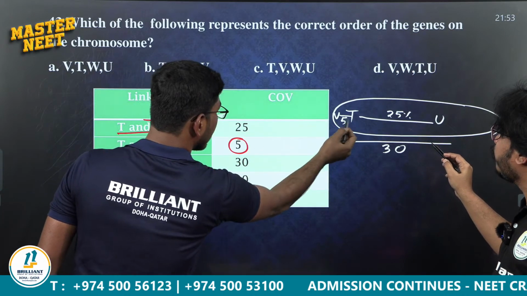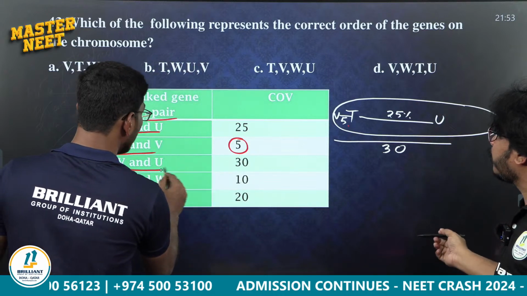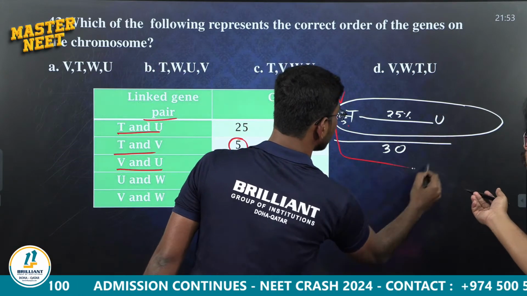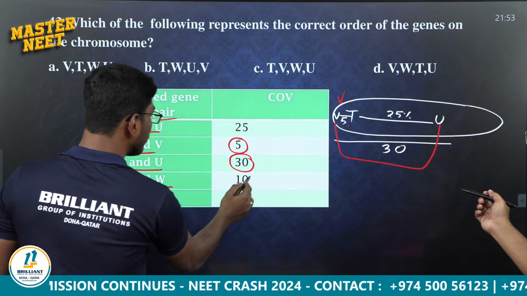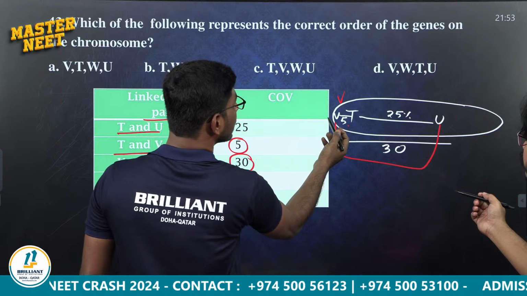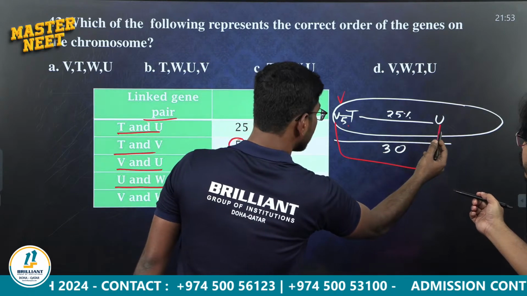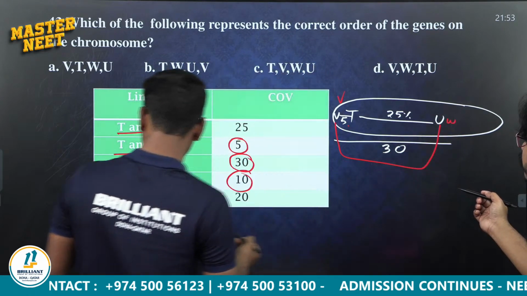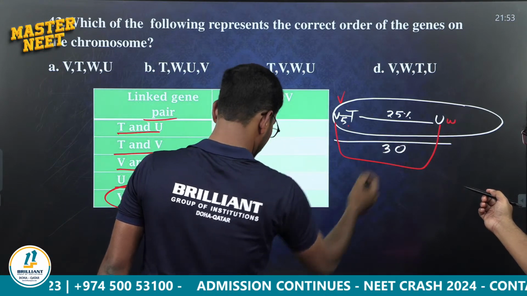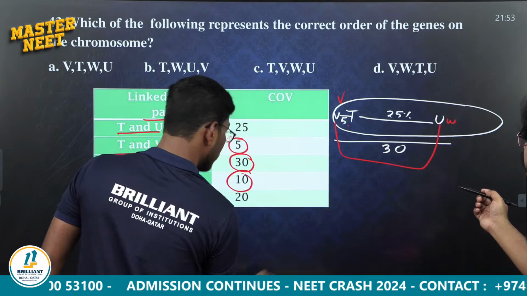VU is 30, and UW is 10 only. So VW is 20 as given, right? So we cannot take it this way.